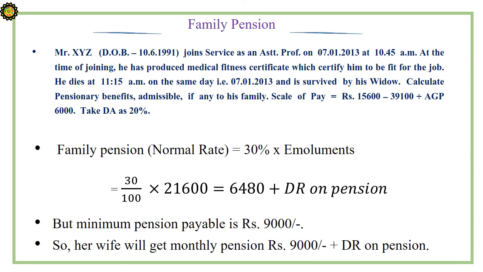So the family pension at a normal rate is 30% of emoluments and it comes out to be 6,480 plus DR on pension. But we know that the minimum pension payable is rupees 9,000. So his family will receive a pension of rupees 9,000 plus DR on pension.